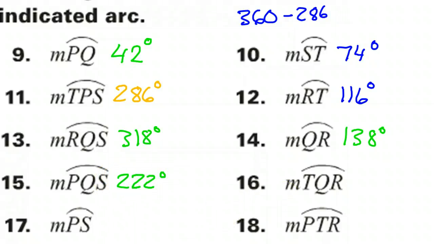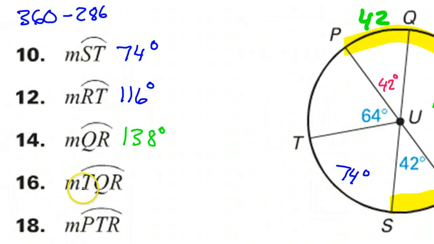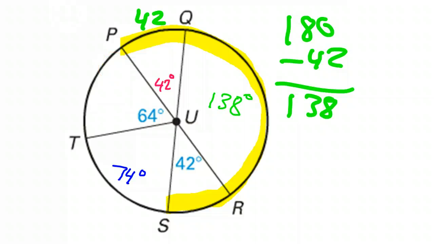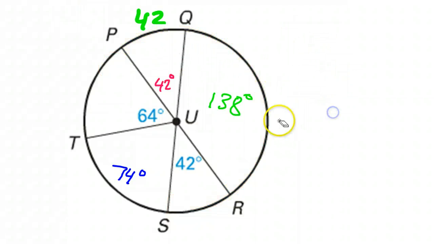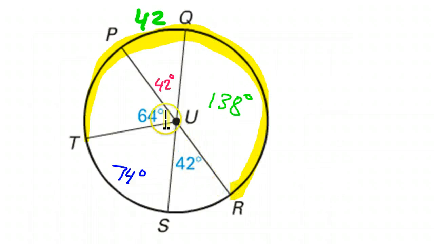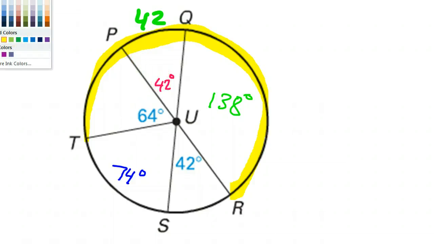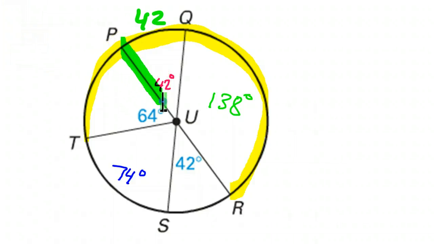Okay, number 16. The measure of arc TQR. Get rid of this mess. TQR starts at T and goes through Q and then goes all the way around to R. Well, once again, this is a diameter.